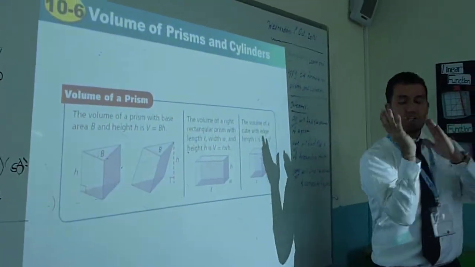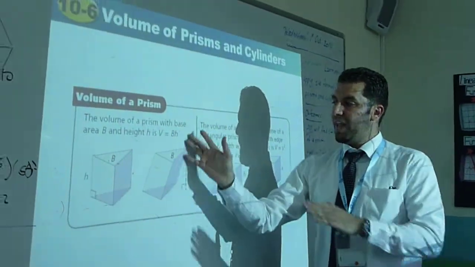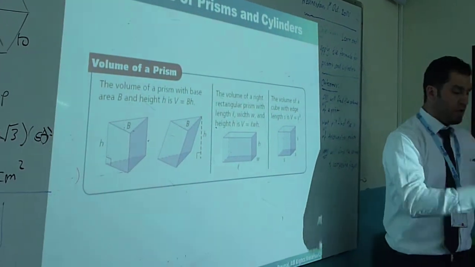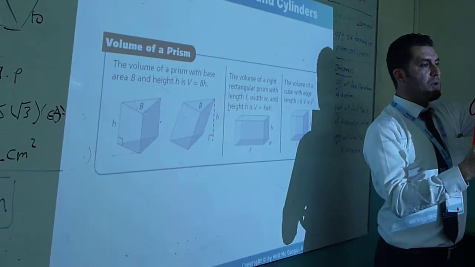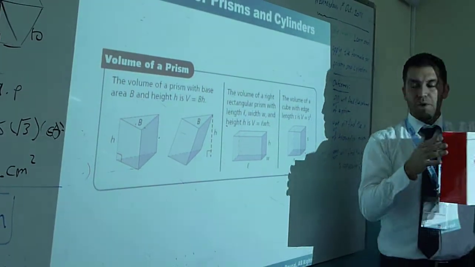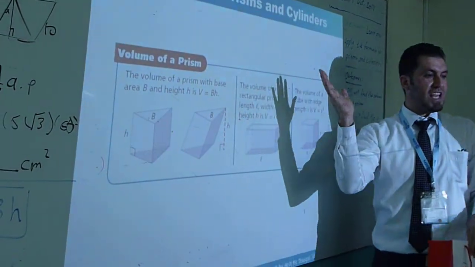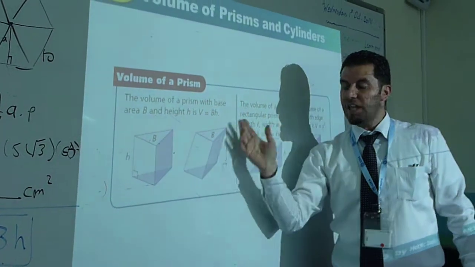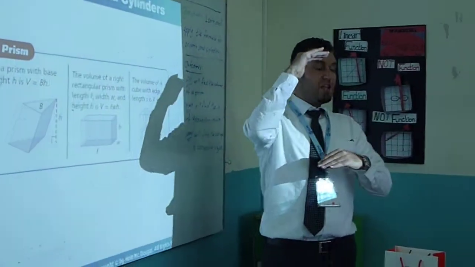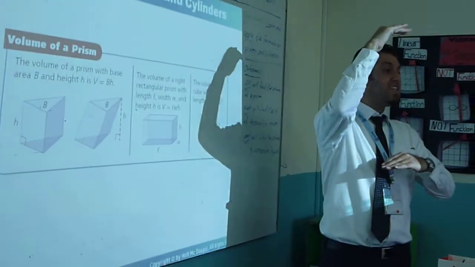It means the lateral edges of the faces are tilted to the base. It's not perpendicular like this. This edge is perpendicular to the base, forming a right angle, 90 degrees. But this one has a slope. Each edge has a slope. But in any case, the distance between the two bases is the height.